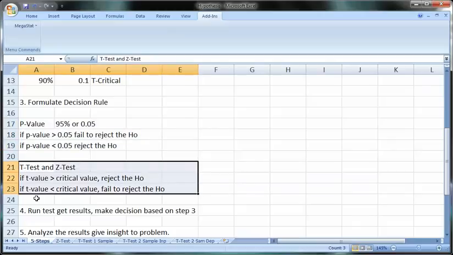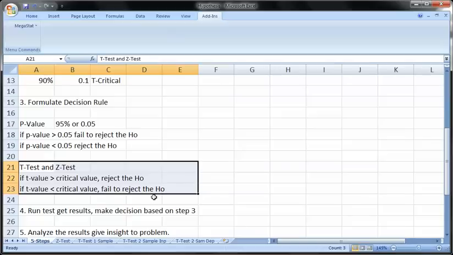Now, in this example, I've given just the t values because t values are more often given than z values, but the same goes for both. If the t value is greater than the critical value, then you reject the null. This is opposite of your p-value. T-value, if the t-value is less than the critical value, you fail to reject the null.